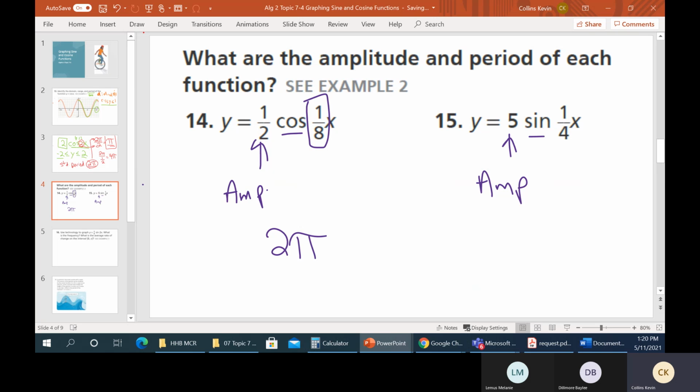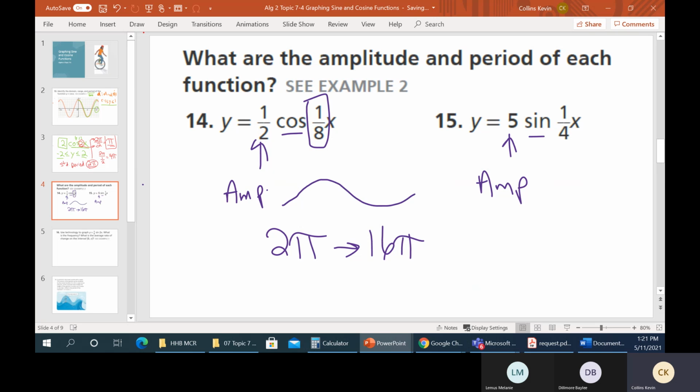He's probably not in the car, he's probably riding his bike or a skateboard. So he's only going 1/8 as fast, so it's going to take 8 times longer to get there. Instead of 2 pi, it's 2 times 8, that's going to be 16 pi. So that one's going to be real stretched out. That function is going to go real slow up and down.